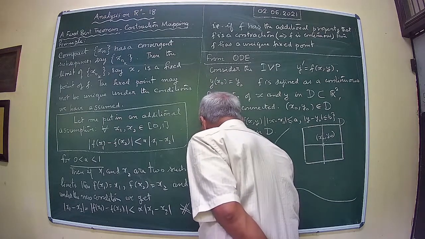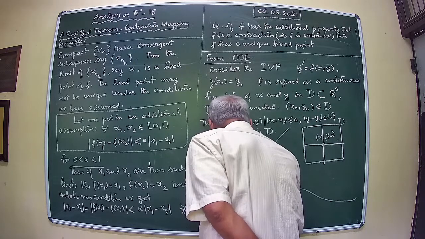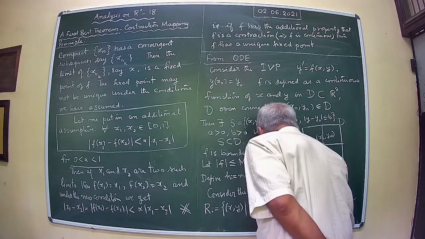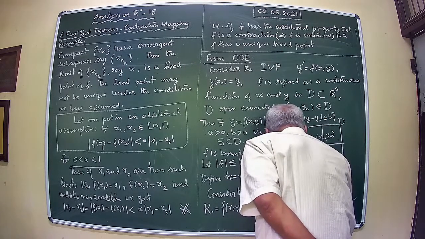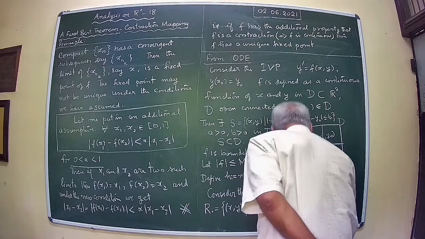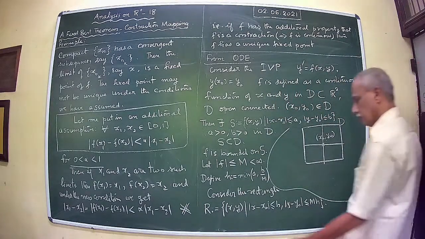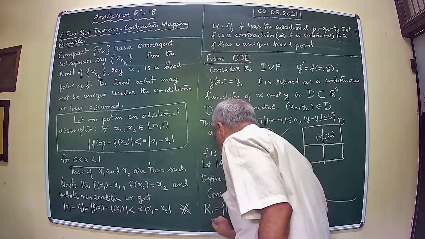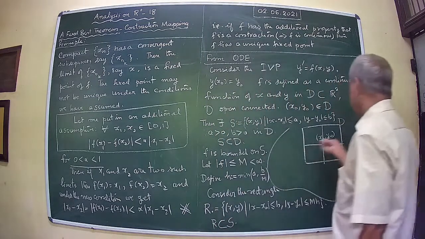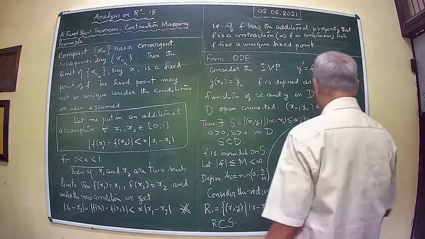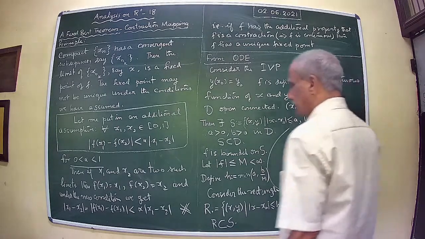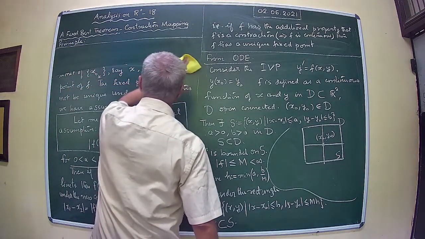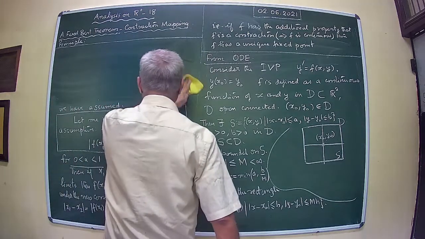R, the set of x, y such that mod x minus x naught is at most H. And clearly you see that R is contained in S. So it's a rectangle inside S. So depending on the value that H takes, that is whether A is the minimum or B by M is the minimum, the shape of the rectangle will be different.